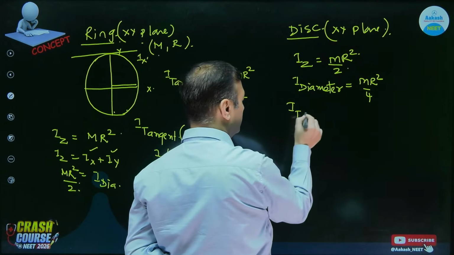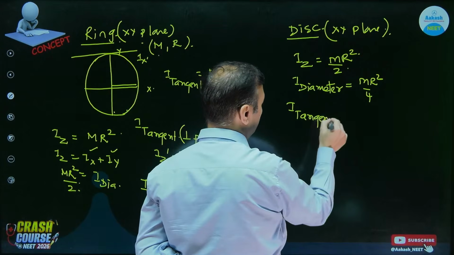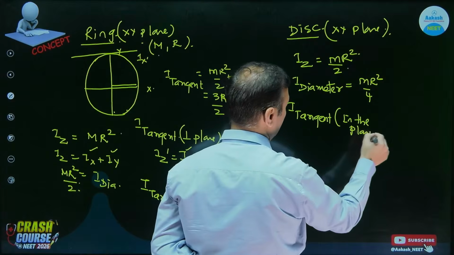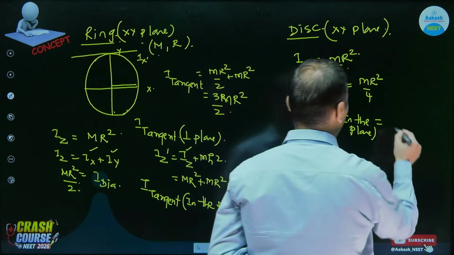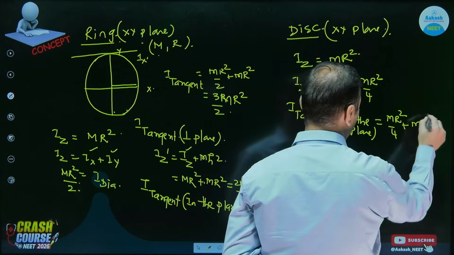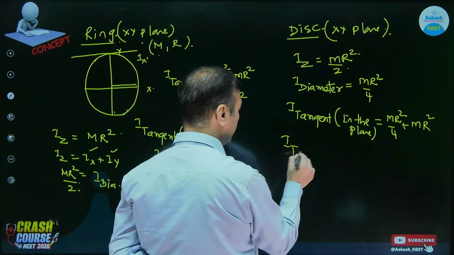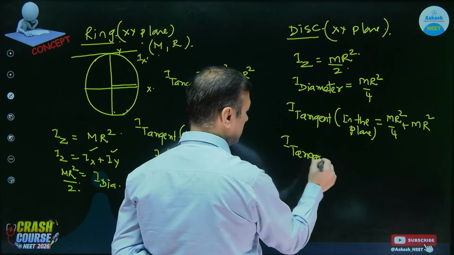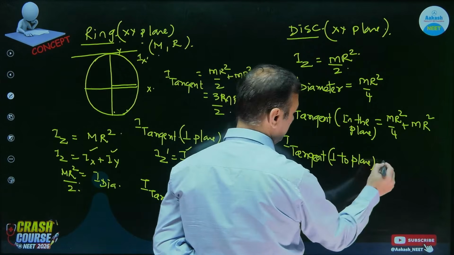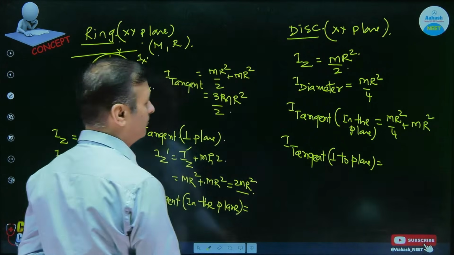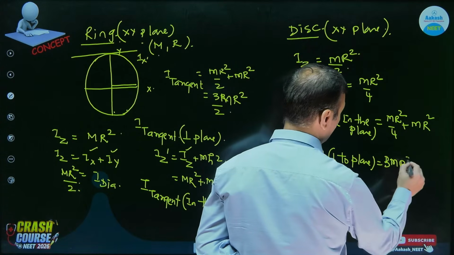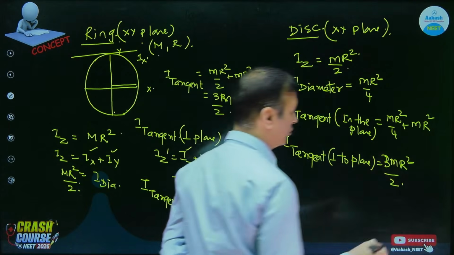And moment of inertia about its tangent in the plane comes out to be mr square by 4 plus mr square. Moment of inertia about the tangent that is perpendicular to the plane becomes 3 mr square by 2. Got it?